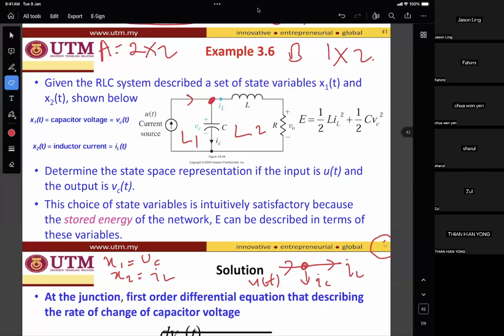So what is the derivative of the state variable?